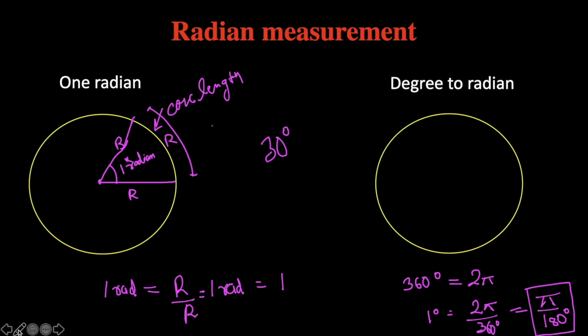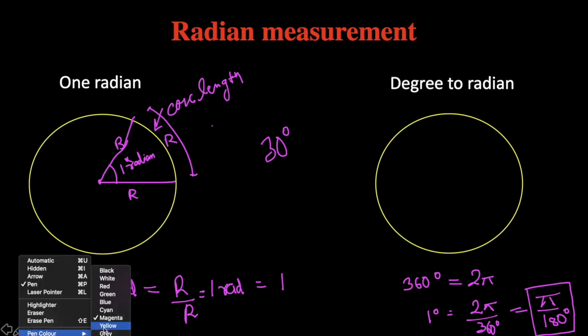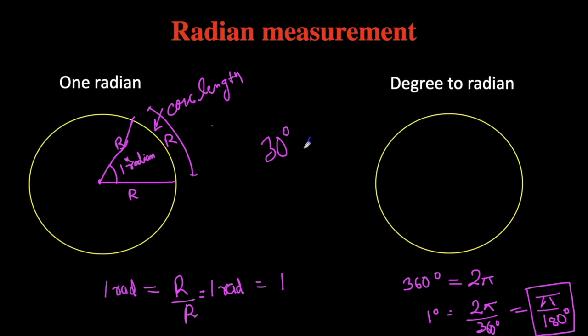So we will multiply our question by the conversion factor. The question was this, so it gets multiplied by pi over 180. If you want to convert to radians, you will see that the degree units cancel out, and now we have only a number, and 180 divided by 30 gives you 6.